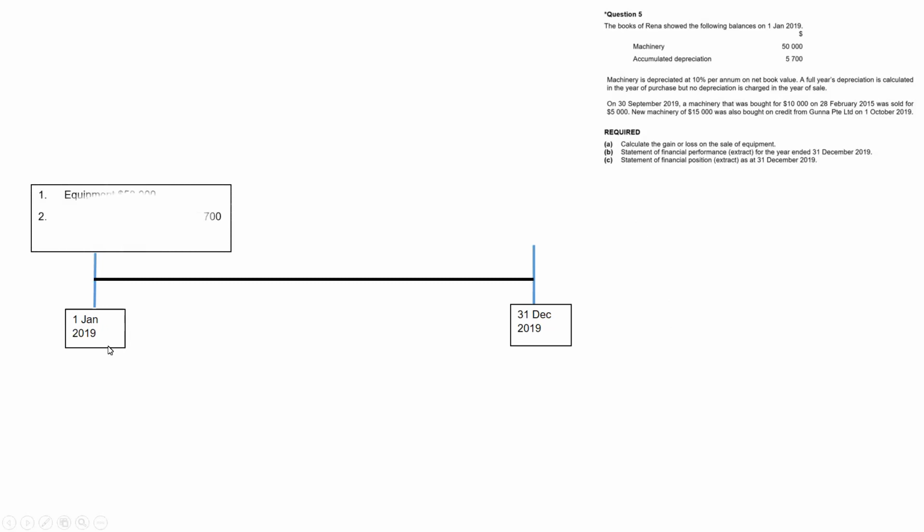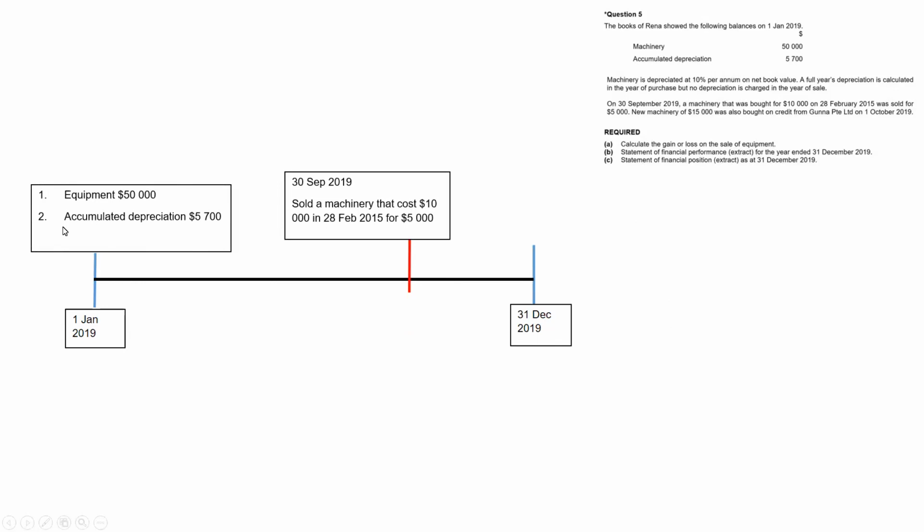What I'm doing right now is just transferring information into the timeline. Instead of machinery, I use equipment because the question wants us to prepare in terms of equipment. In fact, machinery is part of equipment as well. So this is what is going on on 1st of Jan 2019.